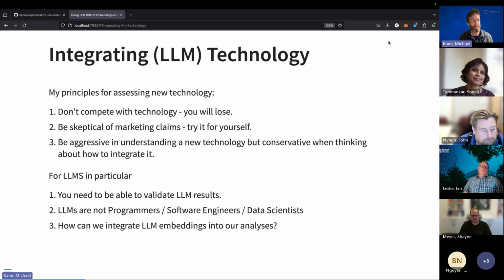So I think I came to biostatistics with a little more of the attitude of a technologist, and I have a lot of experience integrating new technology and figuring out how to integrate new technology. So as a guiding principle, I don't try to compete with technology, right? If my job is squarely something that's going to be automated, then I need to think about how to change my job to be able to use that technology.